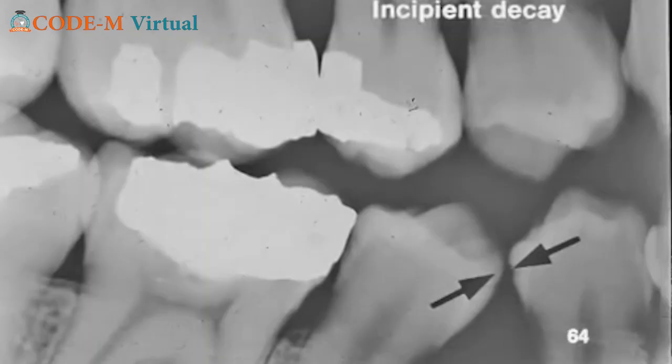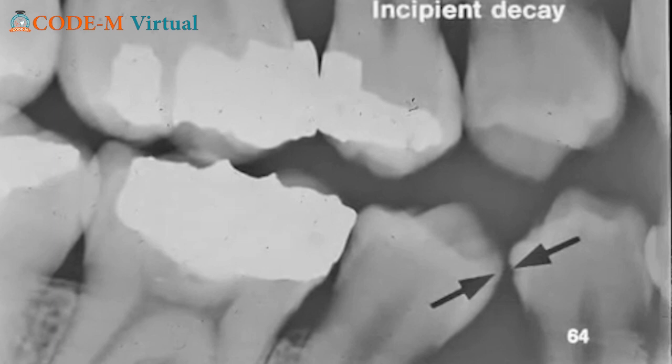This is another X-ray. It's a bitewing X-ray showing two teeth, and the arrow is indicating some incipient lesion on the distal side of the tooth, and the other arrow is showing some caries in the mesial portion of that tooth.